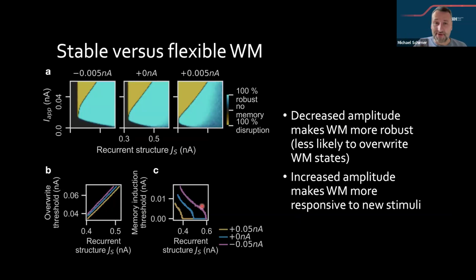With a decreased amplitude, the working memory is more robust, and we can now keep sub-solutions in mind while remaining parts of the brain compute other solutions to form this hierarchy and to integrate all sub-solutions into an overall outcome. While a higher amplitude allows us to quickly override working memory states and makes us more responsive to new stimuli and the red traffic light.